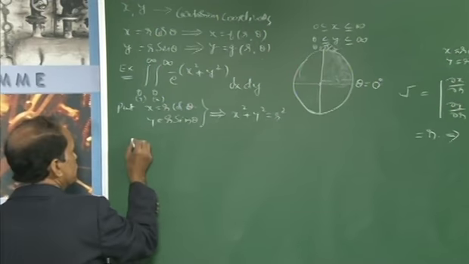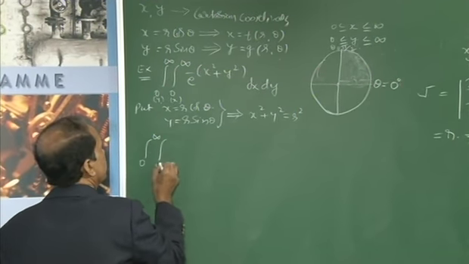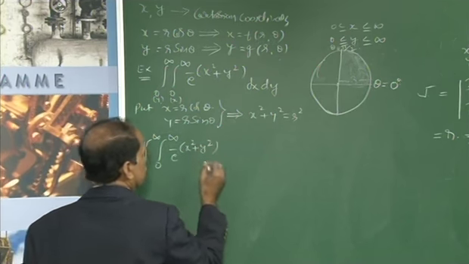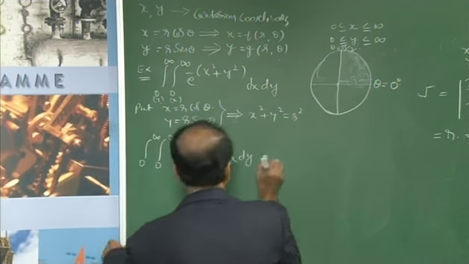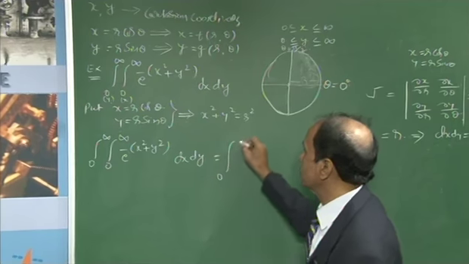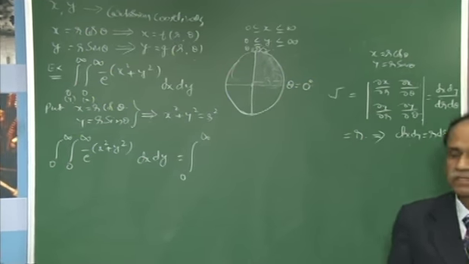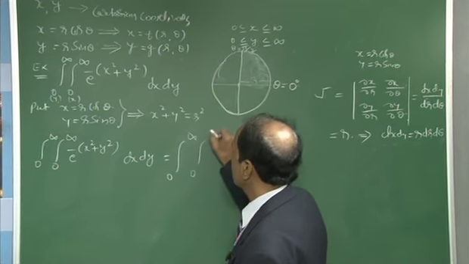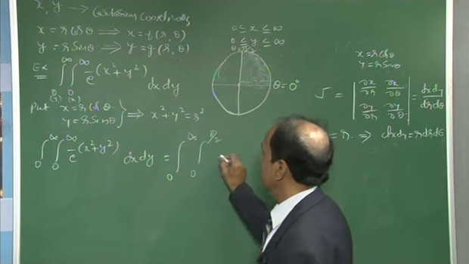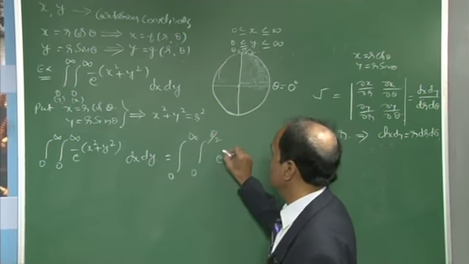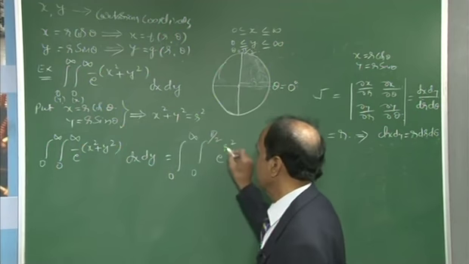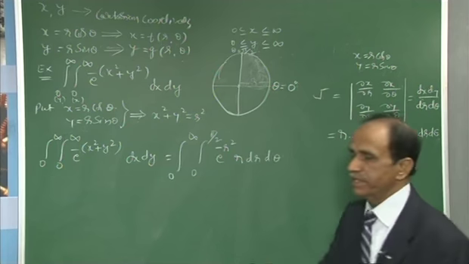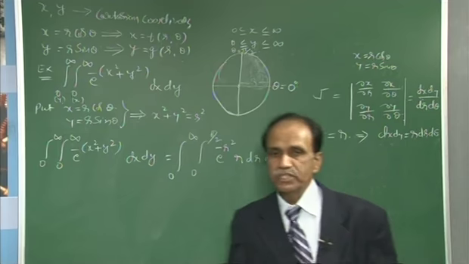Therefore, we consider the integral from 0 to infinity and 0 to infinity of e to the power minus x square plus y square dx dy, which equals the integral from 0 to infinity with respect to r, the length of the radius vector, and 0 to pi by 2 for theta, of e to the power minus r square, since x square plus y square is equal to r square, with the minus sign as it is, and r into dr d theta.